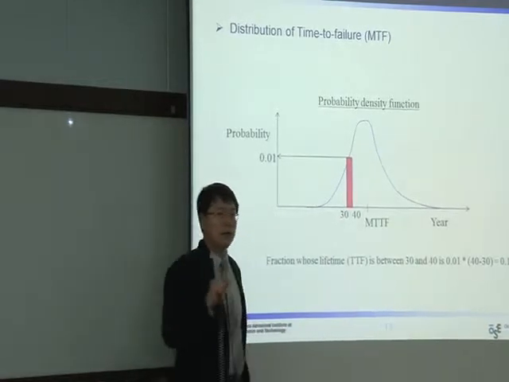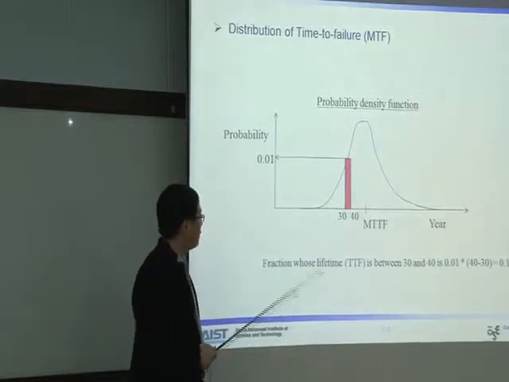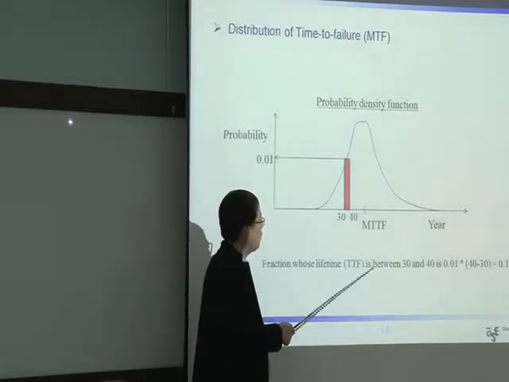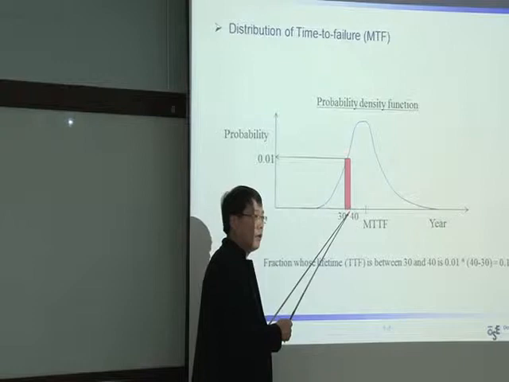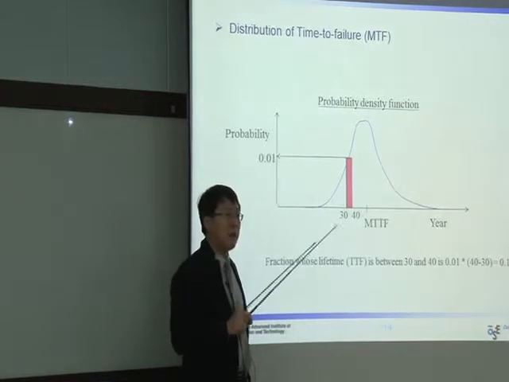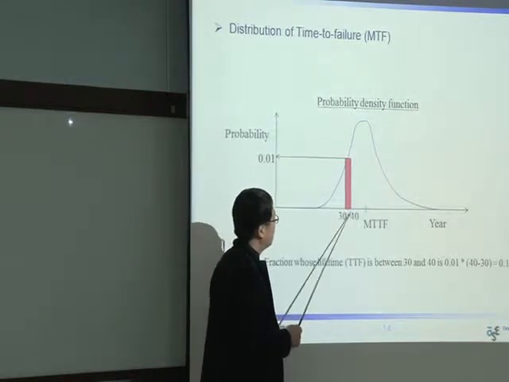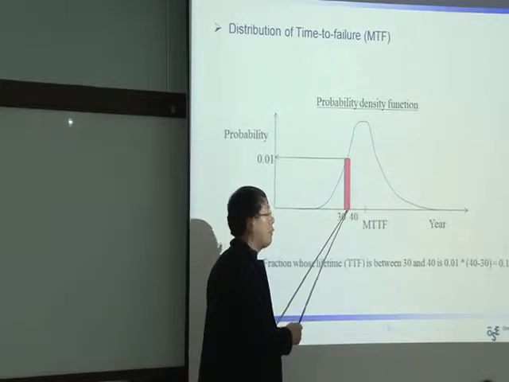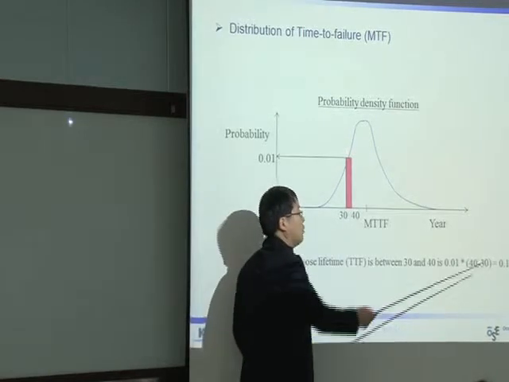You know the theory of probability. So the meaning is the fraction whose lifetime is between 30 and 40. In order to calculate this value, the approximate equation is 40 minus 30, so the interval is 10, multiplied by this frequency gives 0.1.